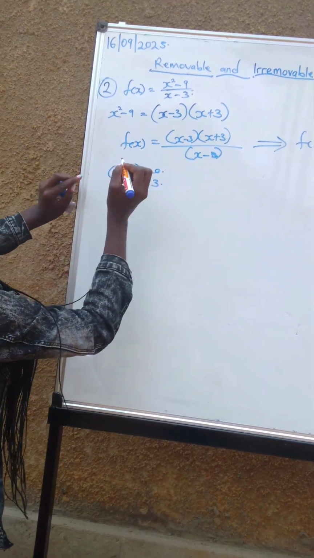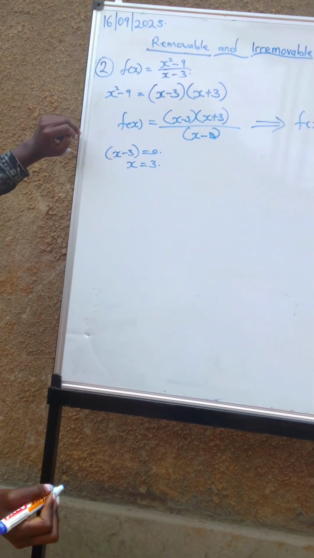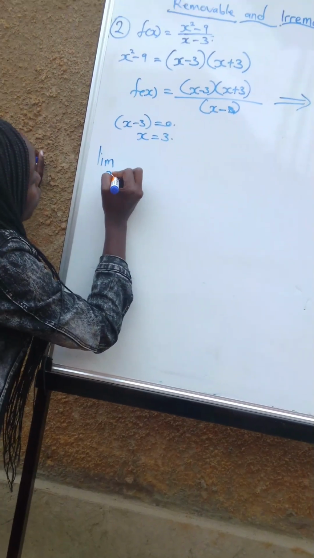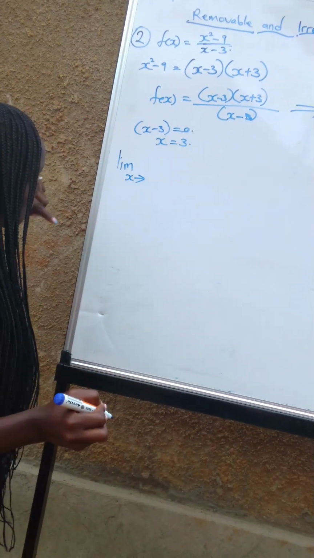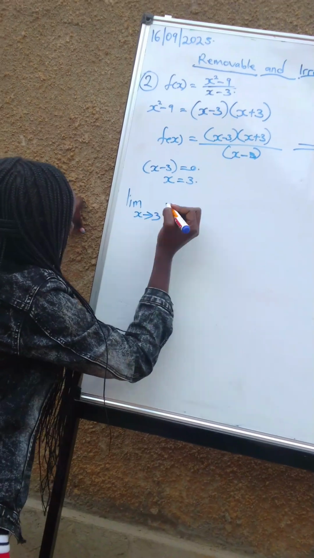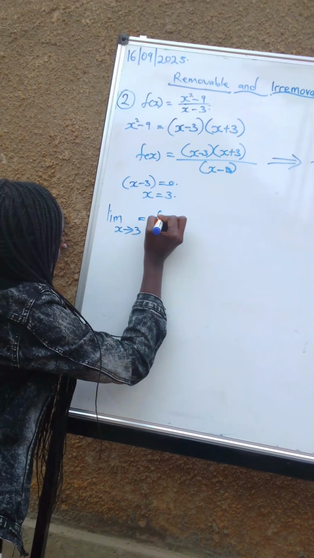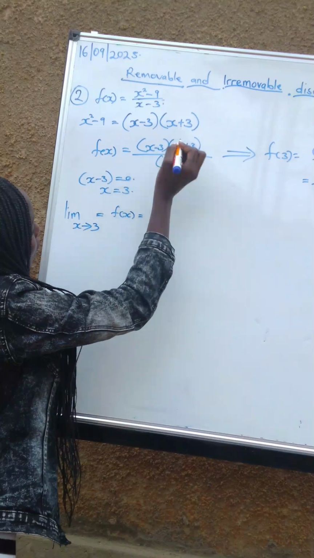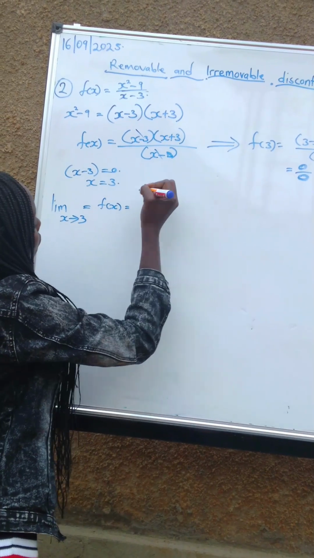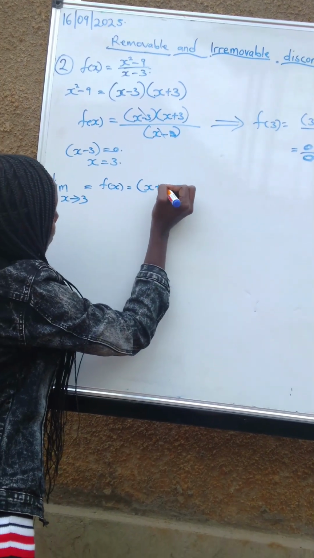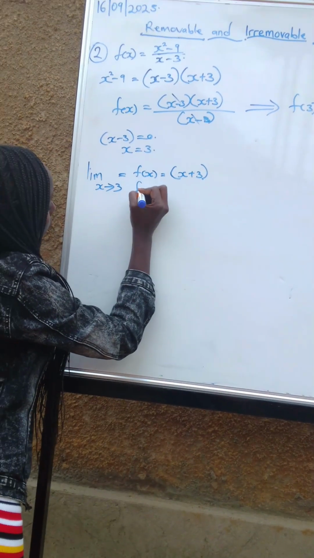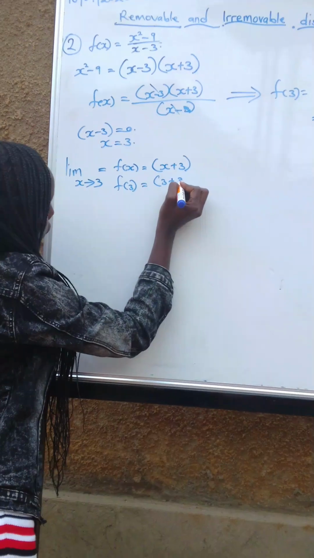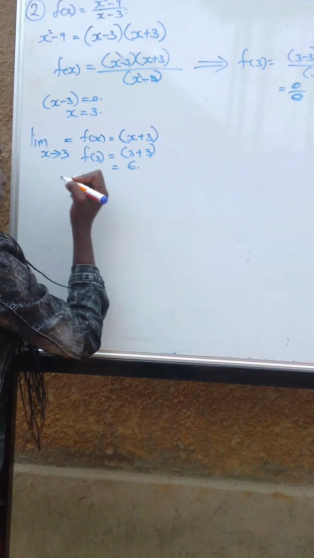Now let's proceed and redefine this. This is redefined as the limit of x tends to 3 of f of x, which is x plus 3. Then if you find f of 3, you will find that it equals 3 plus 3, and that is 6.